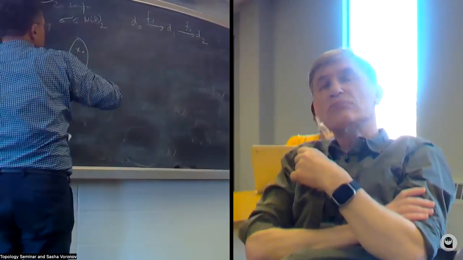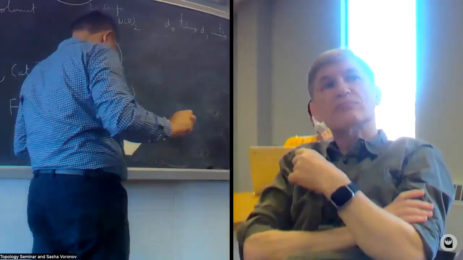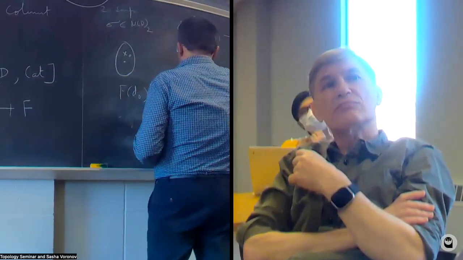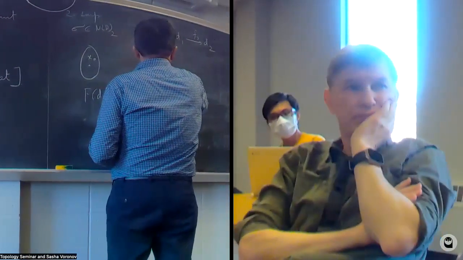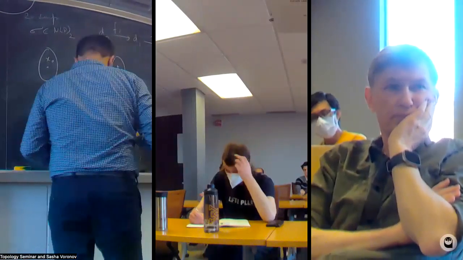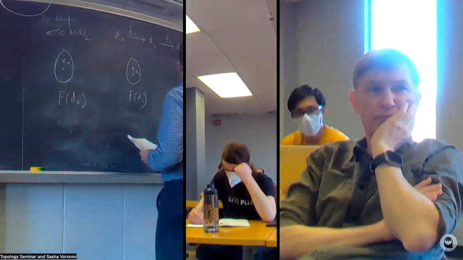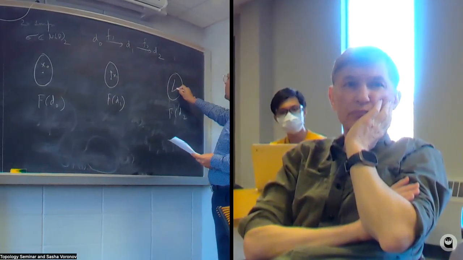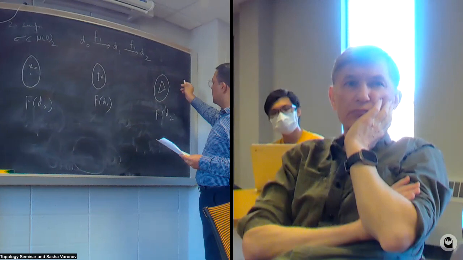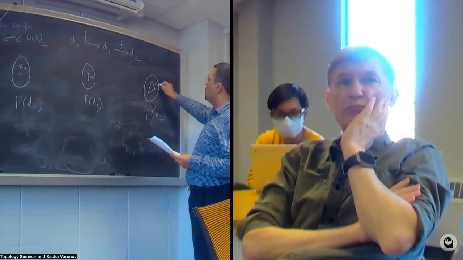I have a zero simplex here, x0. Then I have a one simplex here called x1. And then in f of d2, I have a two simplex here, which we call x2.